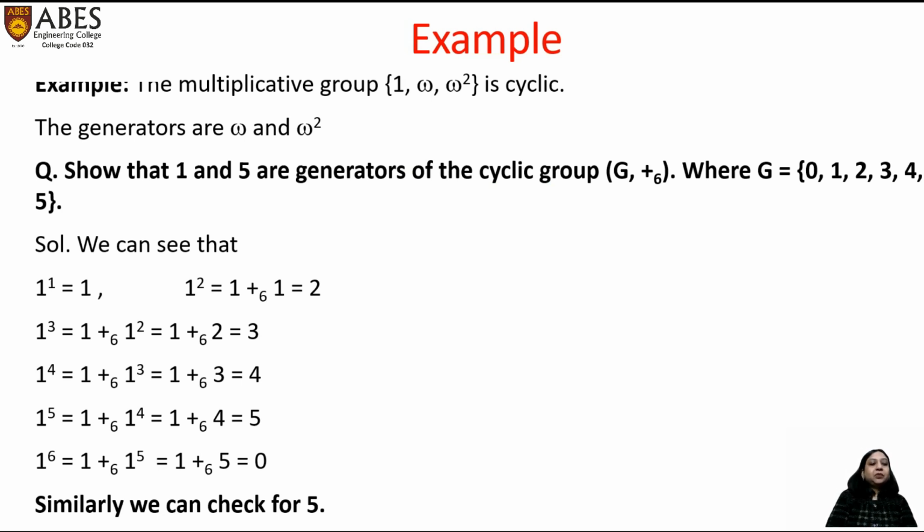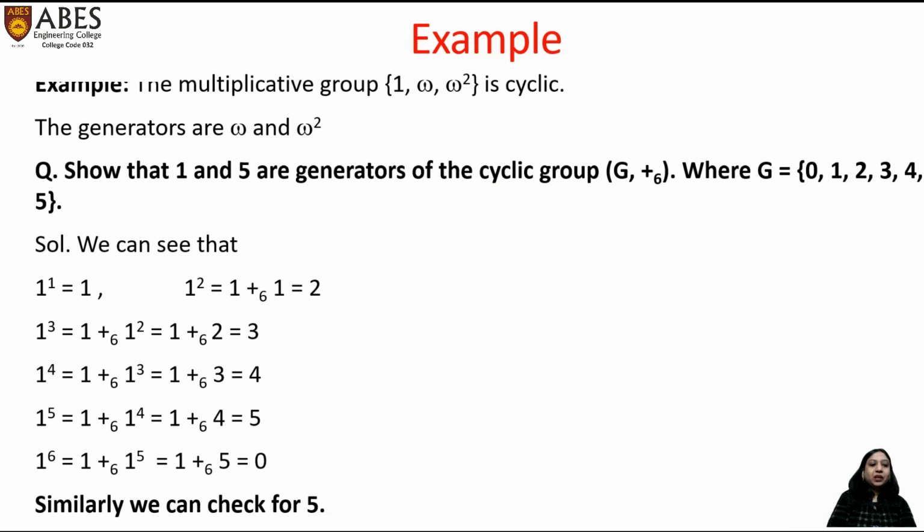So 1 raised to the power 1 will be 1, and 1 raised to the power 2 will give 2, because it is not 1 raised to the power 2 in the usual sense. It is basically a 1 and a second 1, and in between there is the operation plus 6. So 1 plus 1 will be 2, and 2 modulo 6 will be 2. Similarly, 1 raised to the power 3 is not exactly 1 raised to the power 3.